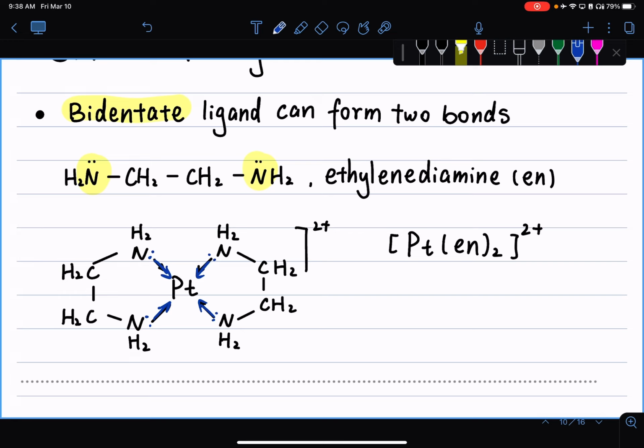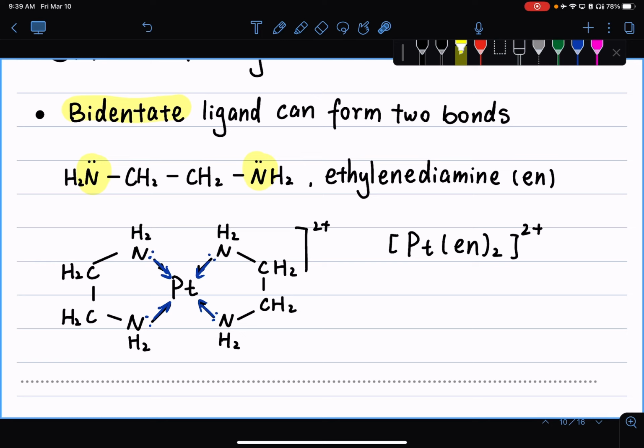If we're counting the coordination sites, in total we have 4 L-type coordination sites on your transition metal center, and those 4 coordination sites come from 2 bidentate ligands. Each bidentate ligand affords 2 coordination sites. All right.